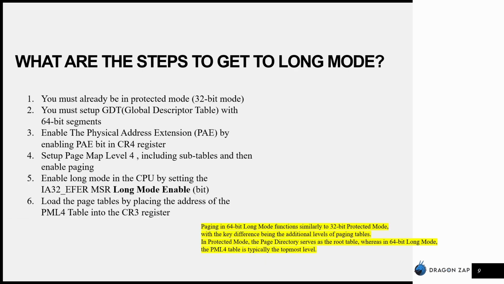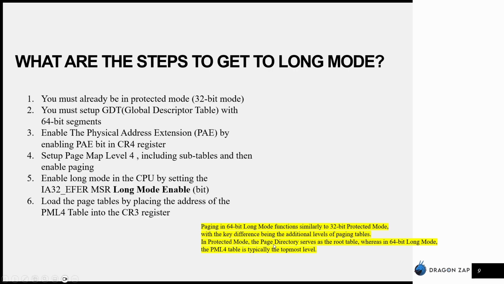So the 6th step is to load the page tables. Now, you've done this in the protected mode part 1 course, so you do understand how to do that. Essentially, we pass the PageMap level 4 table into the CR3 register. Now again, in protected mode, you might pass the page directories into this register, right? But here, we pass the PML4 into that register.